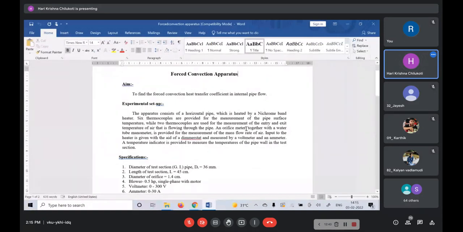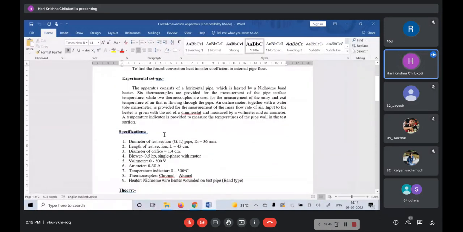So these are the specifications of the different components involved in the experiment. We know the diameter of the test section, that is 36 mm, and also the length of the test section, which is covered with the black insulating material, which is 45 centimeters, and the diameter of the orifice, which will be useful in the calculation of the volume flow rate, which is equal to 1.4 cm.